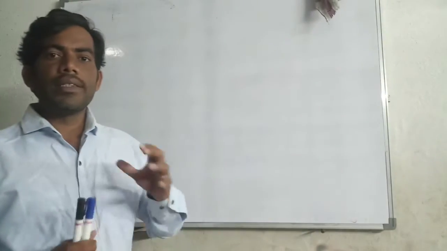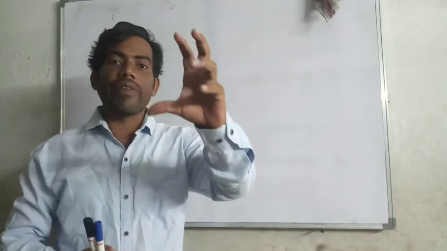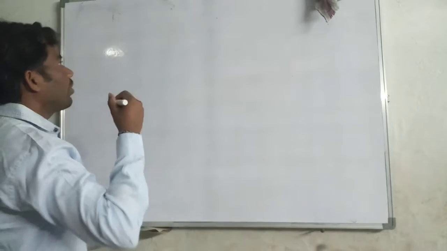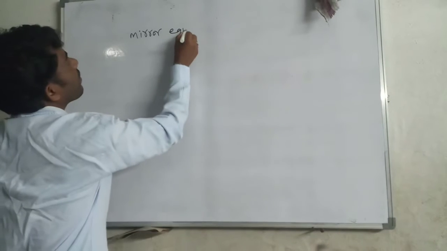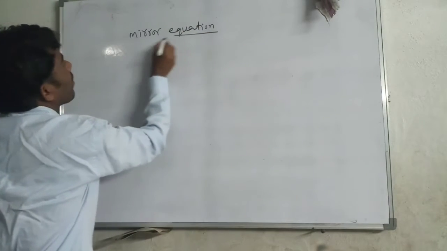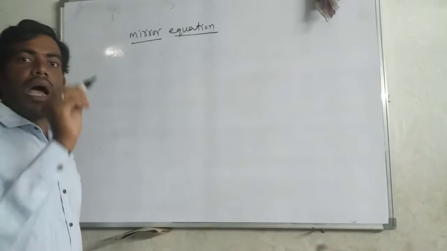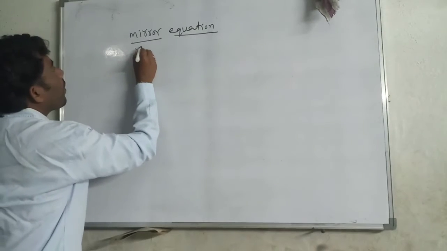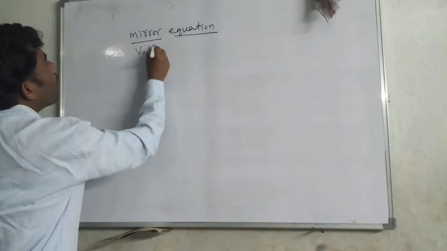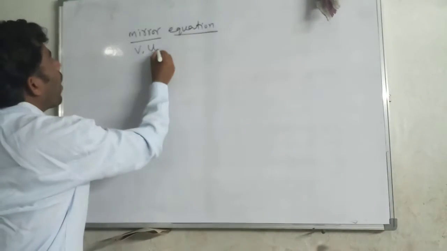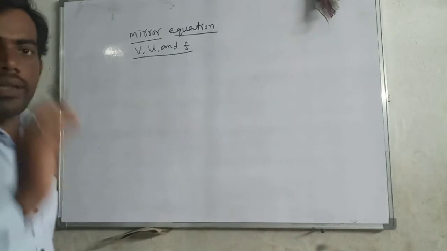Students, in this video, we are discussing the mirror equation. The mirror equation is one of the relations among V, the image distance, U, the object distance, and F, the focal length.